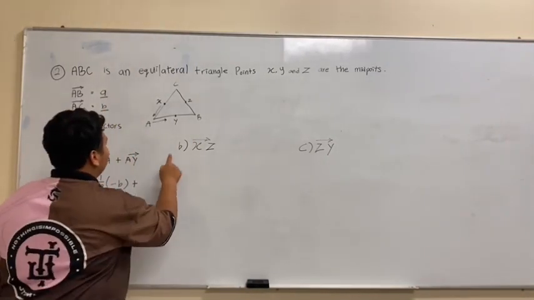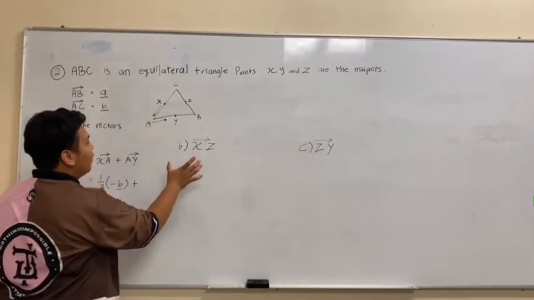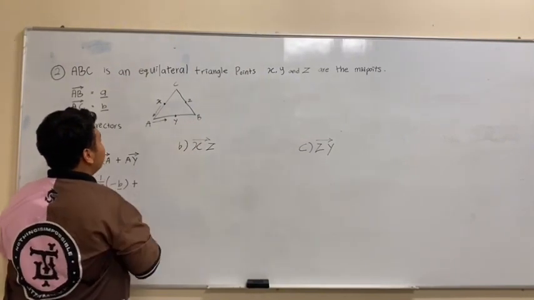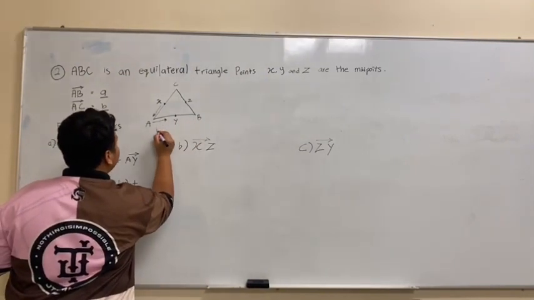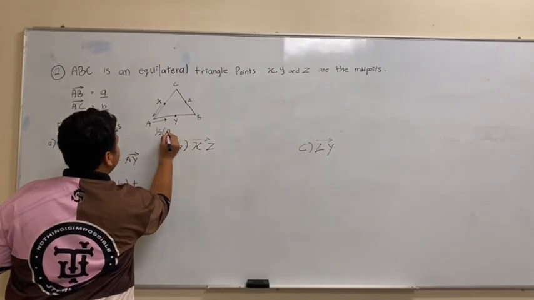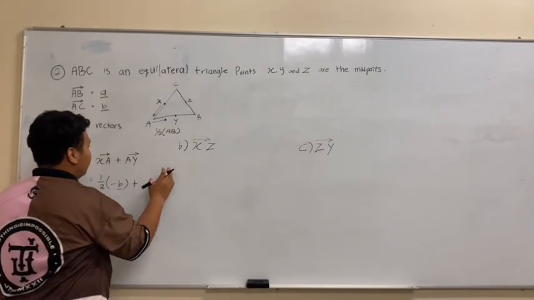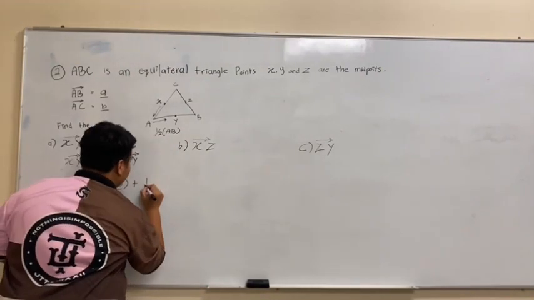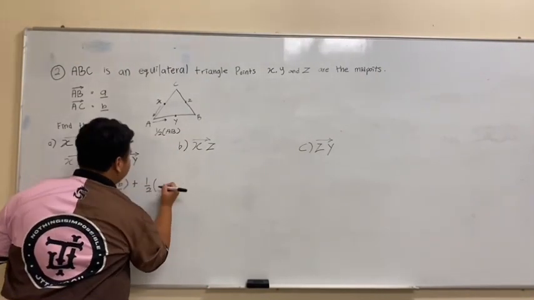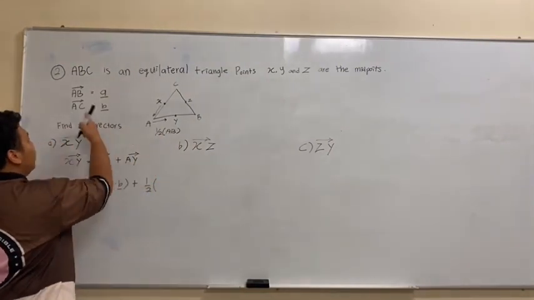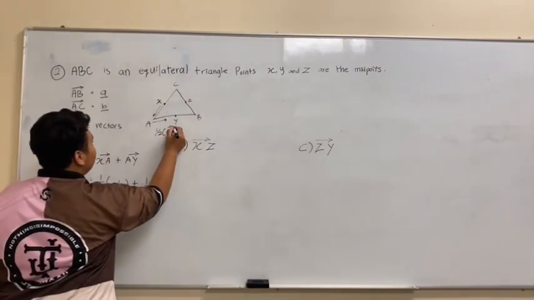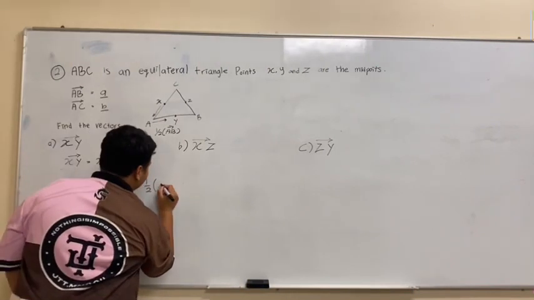Y is the midpoint of vector AB, so AY must be half of AB. So we put 1 over 2 multiplied by the magnitude AB. Magnitude AB is positive a.